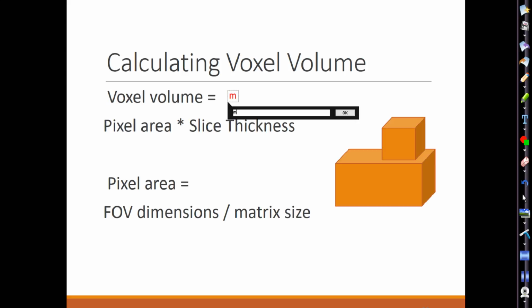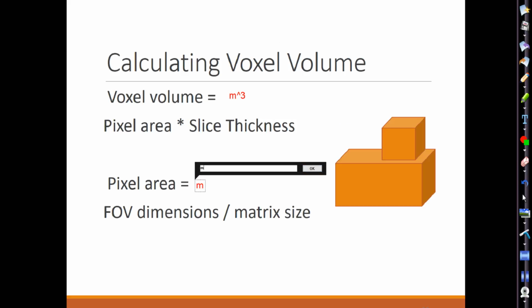So voxel volume should always be in millimeters. It's millimeters cubed, right? Thanks. Good catch.